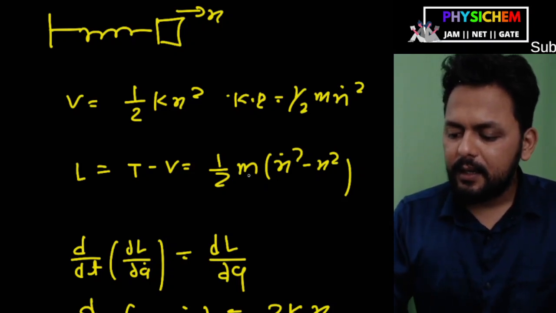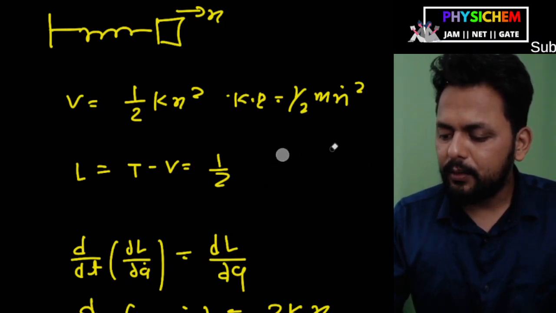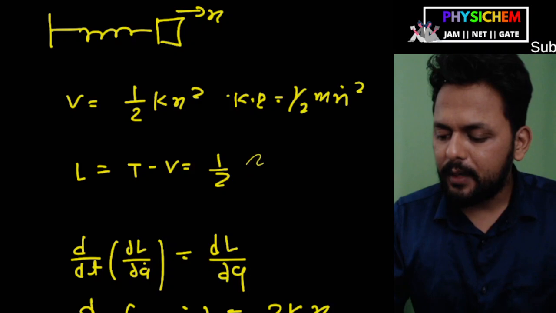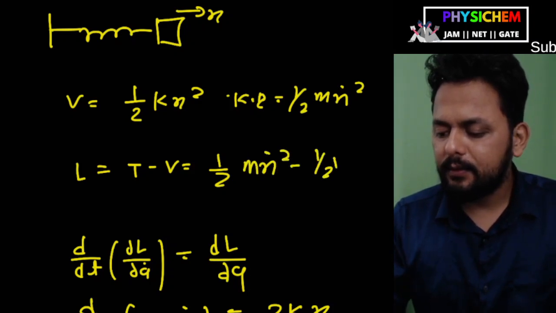Here we can take the common factor out and write half m x dot square minus half kx square.